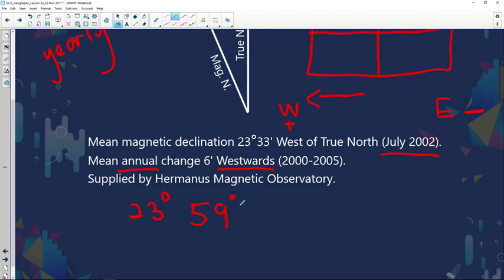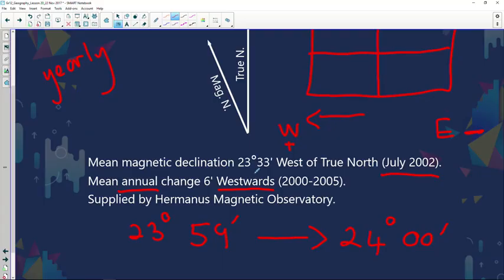Where is it going to next? Remember, there's only 59 minutes in an hour. In this case, there's only 59 minutes in a degree. So if we have to continue with an extra minute, what's going to happen? We're moving over to 24 degrees, 0 minutes. Keep this in mind. I will explain it again in the next slide.